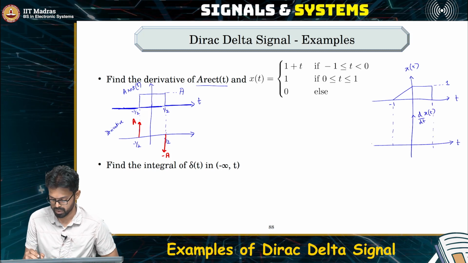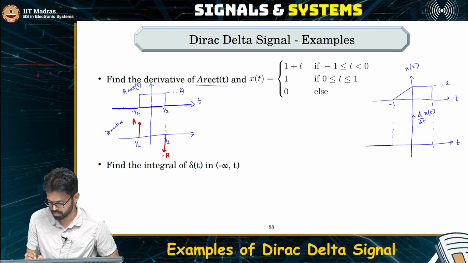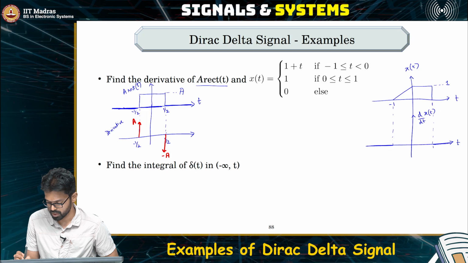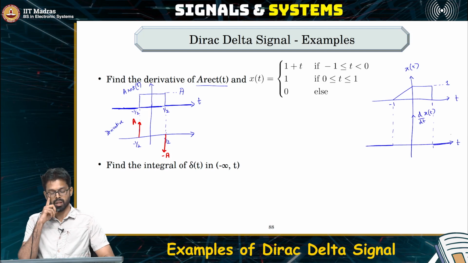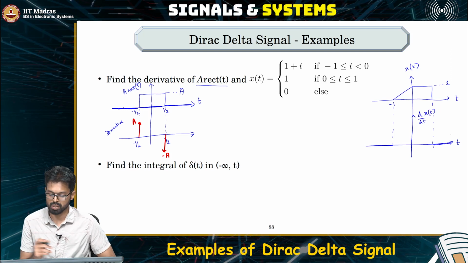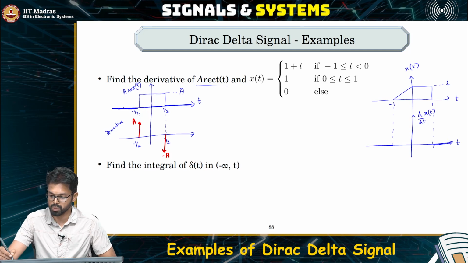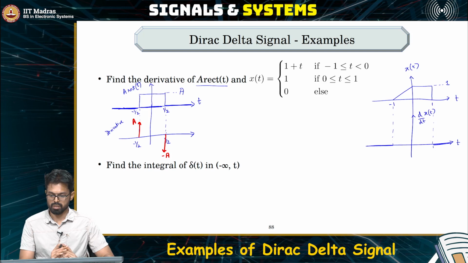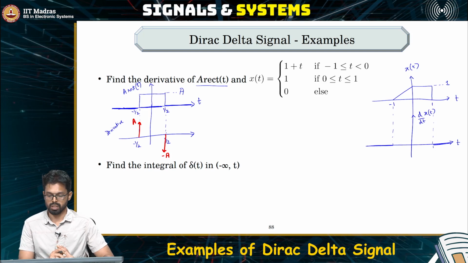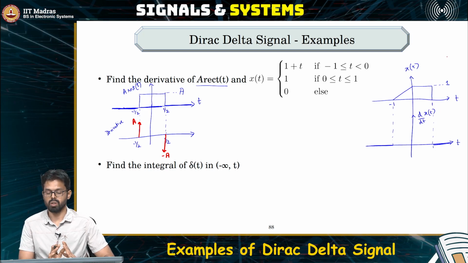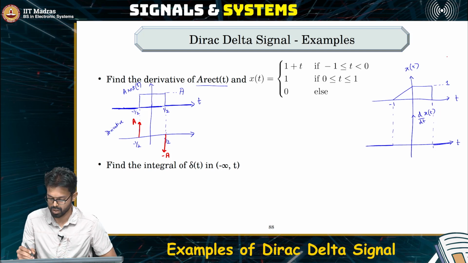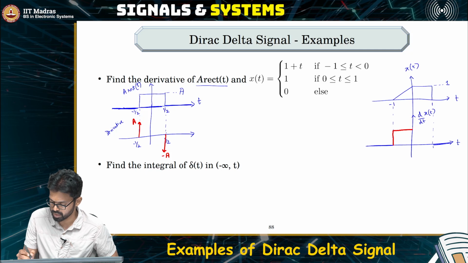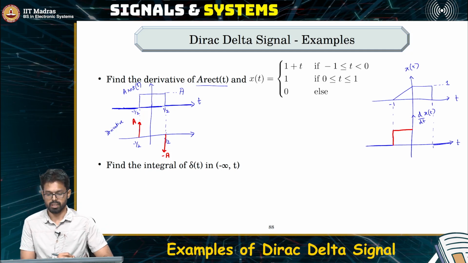So what do you think happens till minus 1? It is 0, clearly has to be 0. After 1 also it is 0, great. Now what happens from minus 1 to 0? From minus 1 to 0, there is a straight line at a fixed slope, which means the slope is a constant from minus 1 to 0. So you will get something like this.